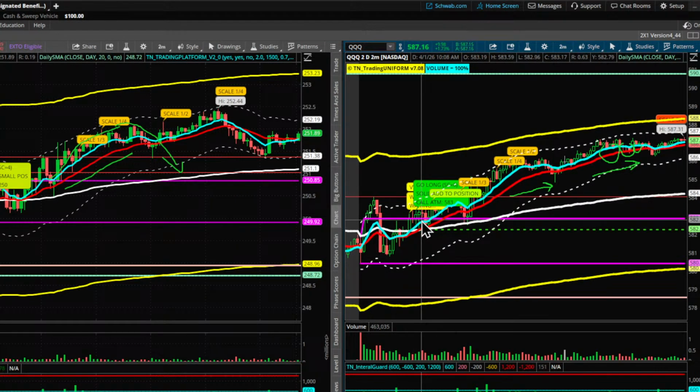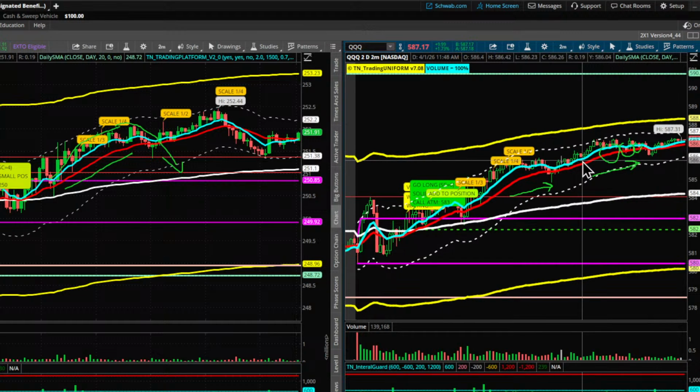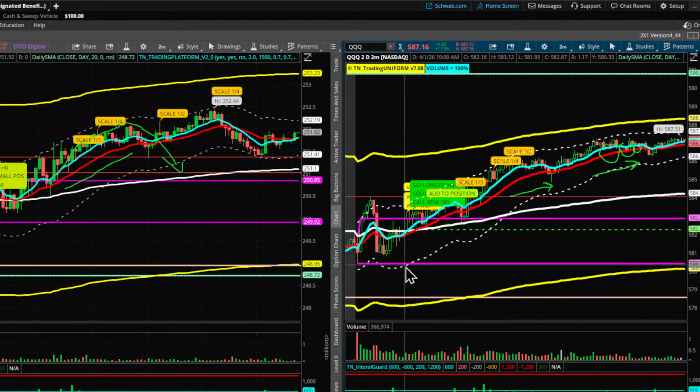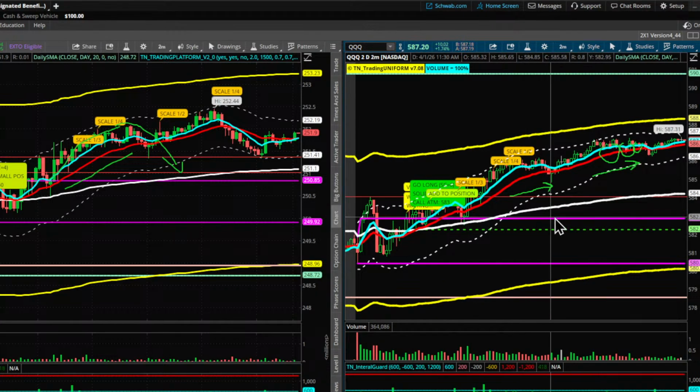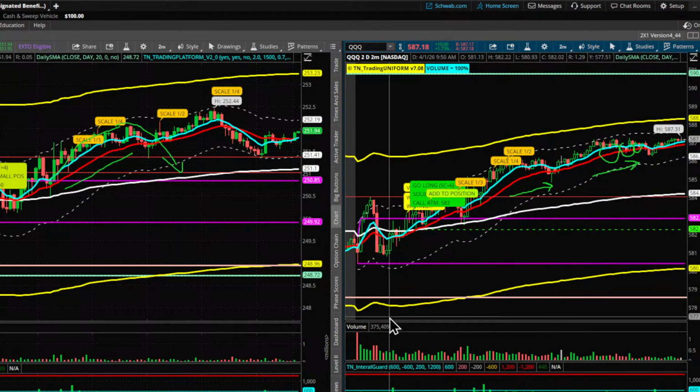So there's a potential for the price to run up. But if the price breaks down and drops below the opening range low, that is when it's saying the sellers are in control. So that's the first two lines here, the purple line.